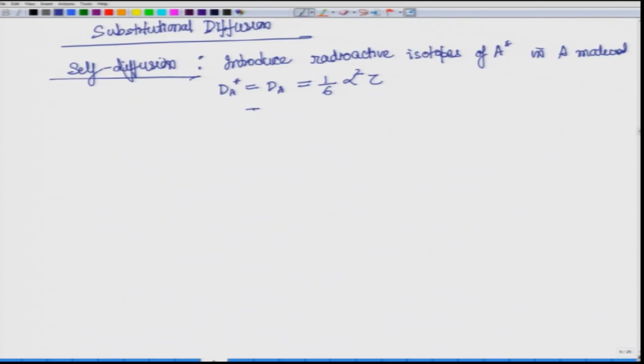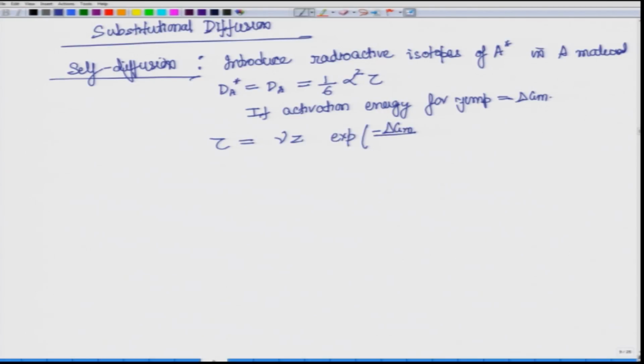Now, like we said earlier, if the activation energy for a jump is equal to delta G m, then this is the part that will be a little different. We remember we had nu z, where z is the coordination number and nu is the vibration frequency, and we had this term exp minus delta G m, the activation energy, by RT.